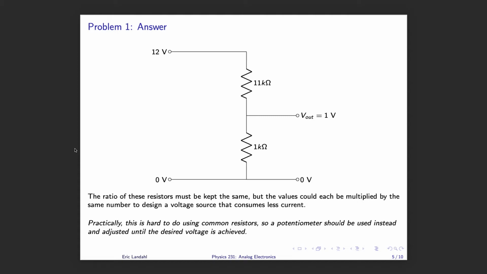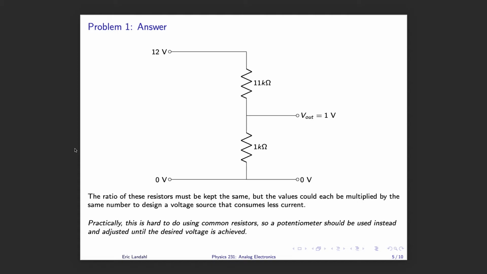Now practically, it's very hard to do this using common resistors. So if I look at my resistor drawer, they tend to increase by 20% for each resistor. So I have 1K resistors, no problem, 1.2K resistors, 10K resistors, 12K resistors, but most sets actually won't have an 11K.